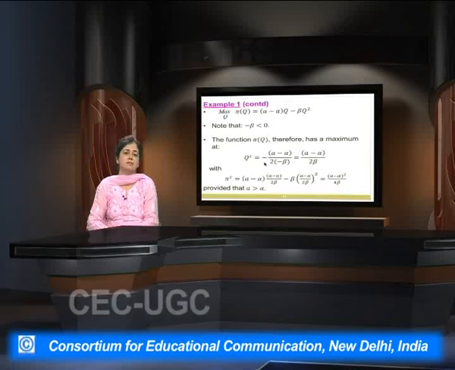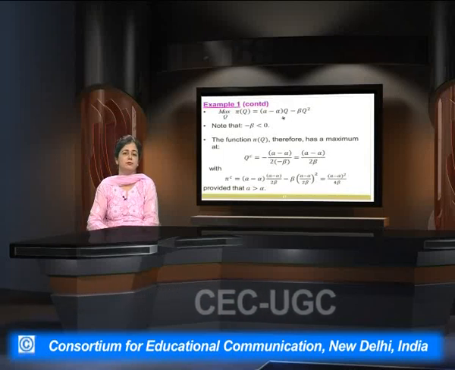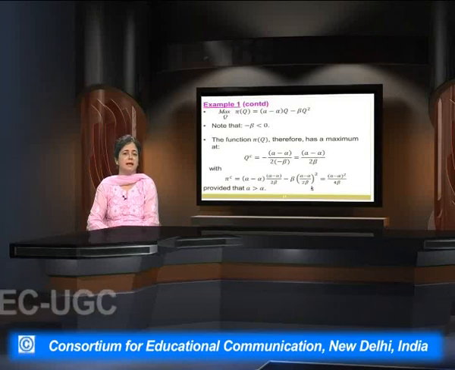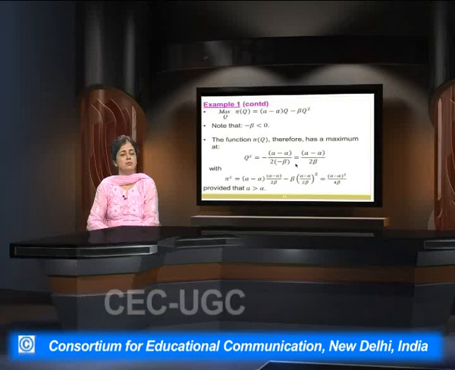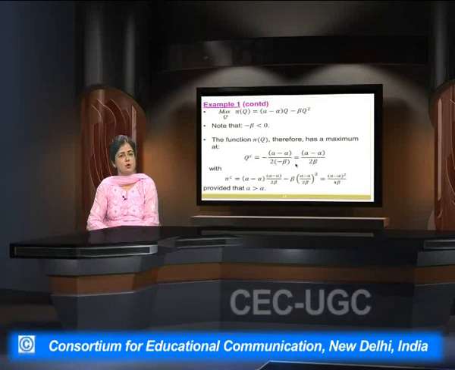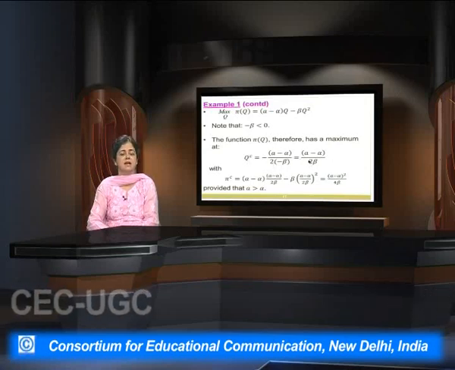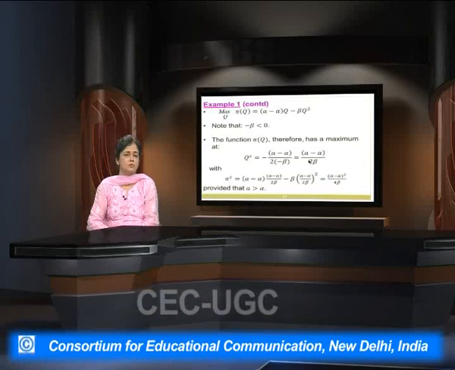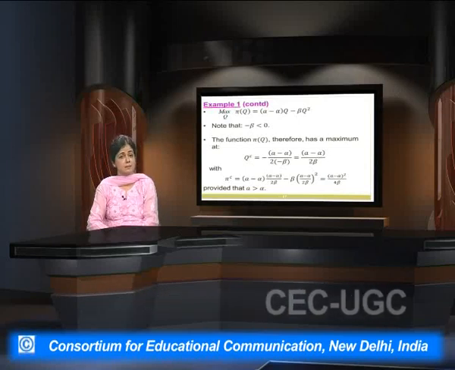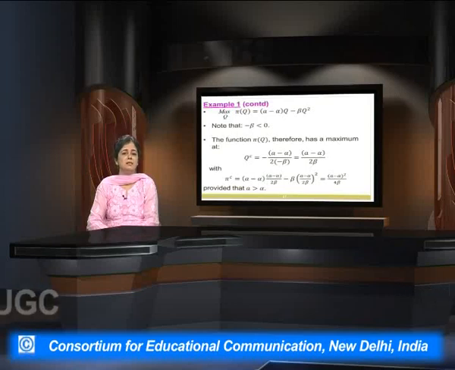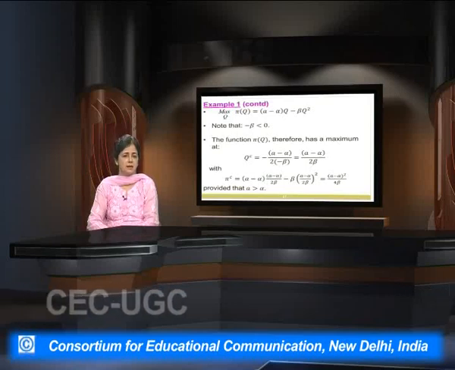It's going to have its max at minus of, if you remember the formula, you have to first take the coefficient of q in the numerator, which is A minus alpha, and in the denominator you will take 2 times the coefficient of q square, which is minus beta, and once you just cancel out the negative signs, you will get the optimal quantity chosen by a perfectly competitive firm, which is (A minus alpha) divided by twice beta.